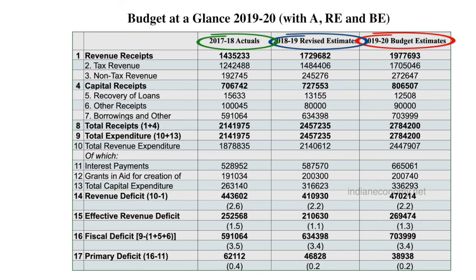The last completed financial year is 2017-18. So the actual statement for 2017-18 will also be there. So budget is 3 in 1. There will be 3 years budget: a budget estimate for the next year, a revised estimate for the current year, and an actual statement for the last completed financial year.